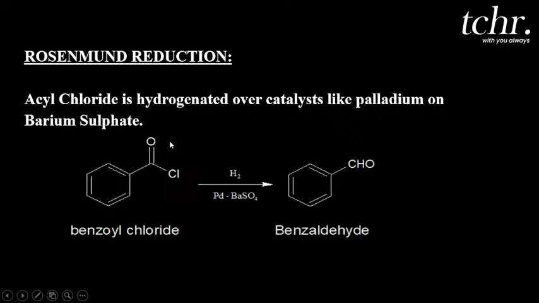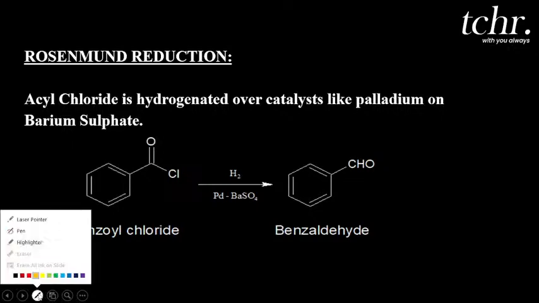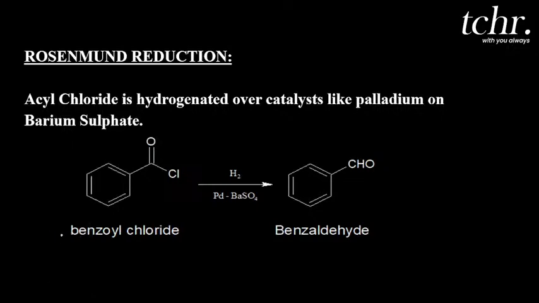In Rosenmund's reduction, we take acyl halide to prepare aldehyde. You can prepare any kind of aldehyde, aliphatic or aromatic. There is a particular example given here, where I have taken benzoyl chloride and converted it to benzaldehyde.